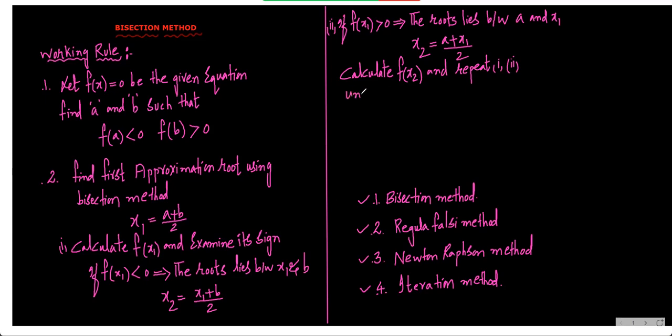Until means what? If you find the root, x1 value, x2 value, the 3 decimal places should match. Till that we have to do it. Accuracy means 3 decimal places match.